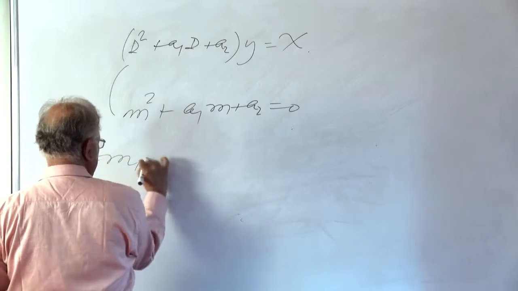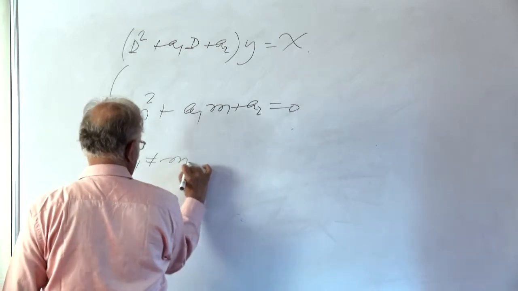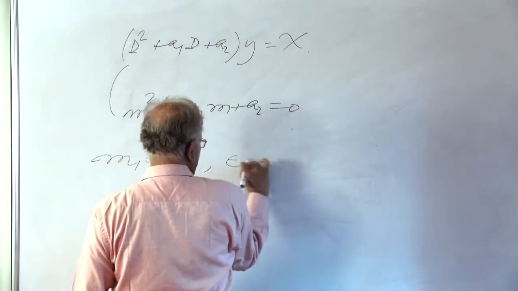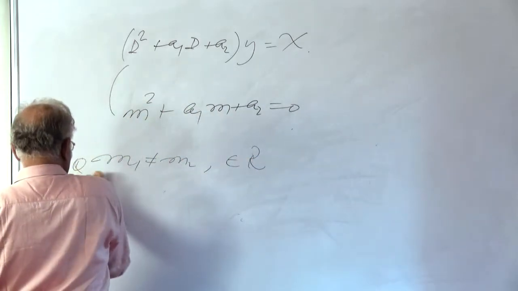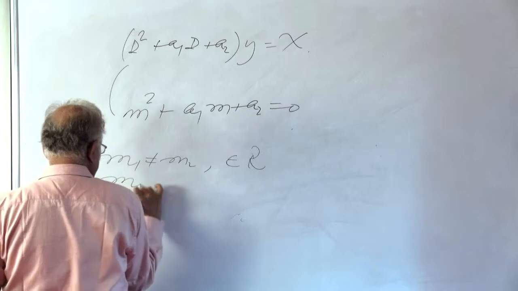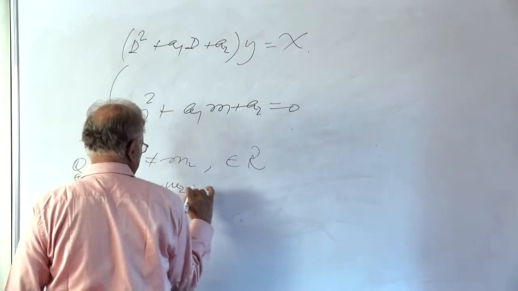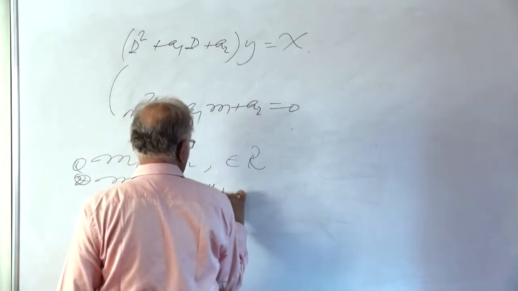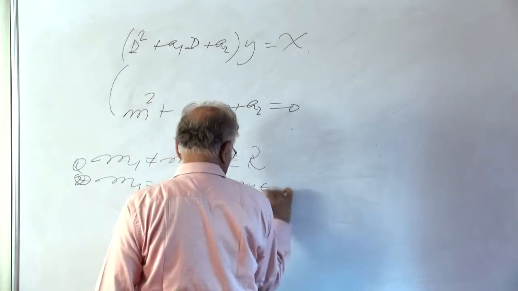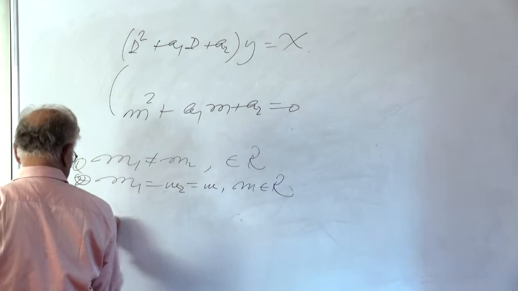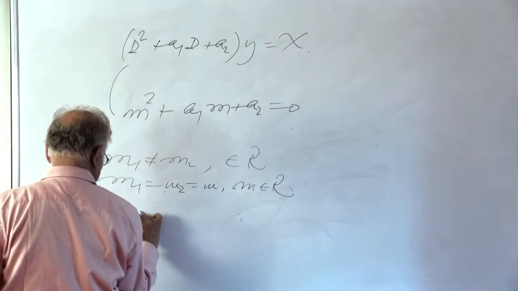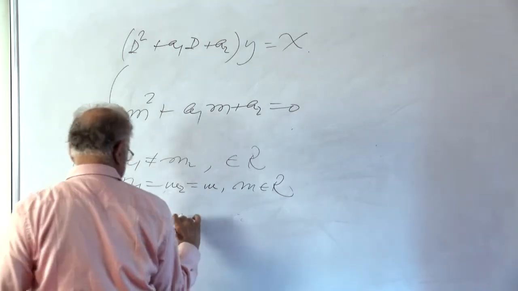First, m1 not equal to m2 and they belong to the set of real numbers. Second case is m1 equal to m2 equal to one common value, and m belongs to the set of real numbers.